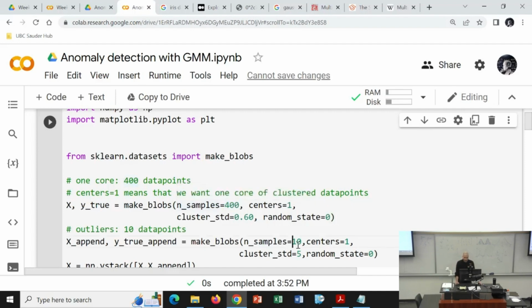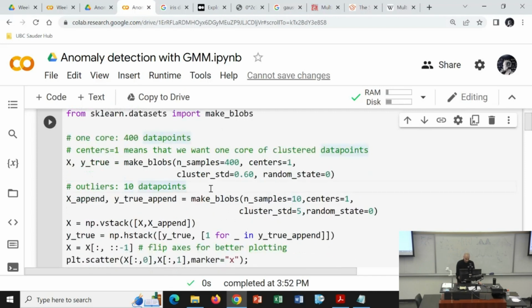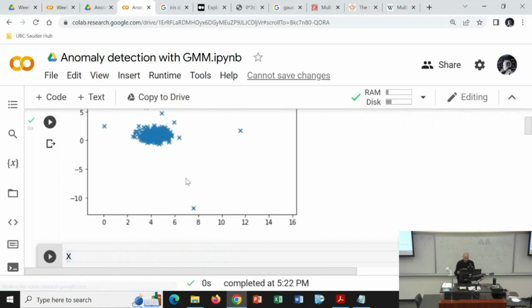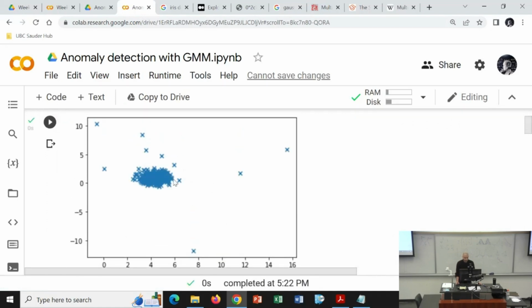And I'm going to create 10 data points as outliers. So here everything is simulated. So even without a machine learning model, you can see that this is the core, and everything else, like these, are outliers. I generated them, so I know, right?